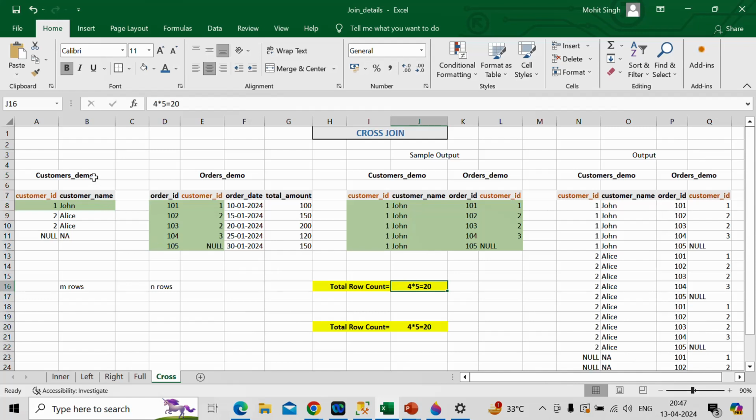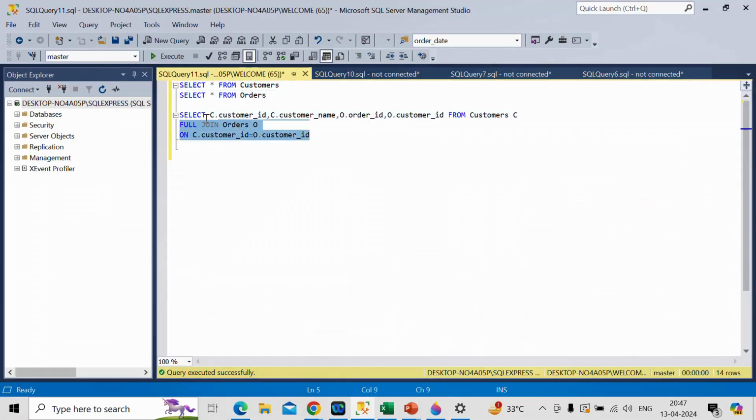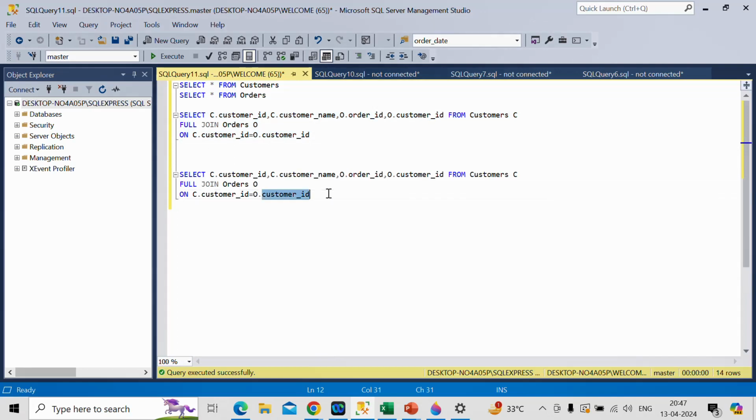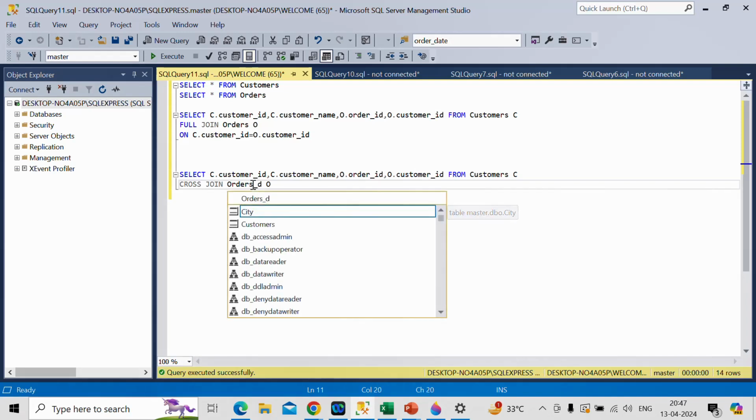And for demo purpose, I have created customers underscore demo and orders underscore demo table. Okay, so let me copy this one. And since we don't need ON condition in case of cross join, so we'll remove this line. In place of full, I'll write cross and I'll write underscore demo.